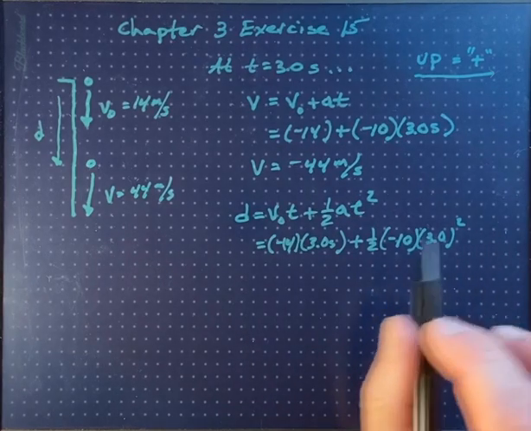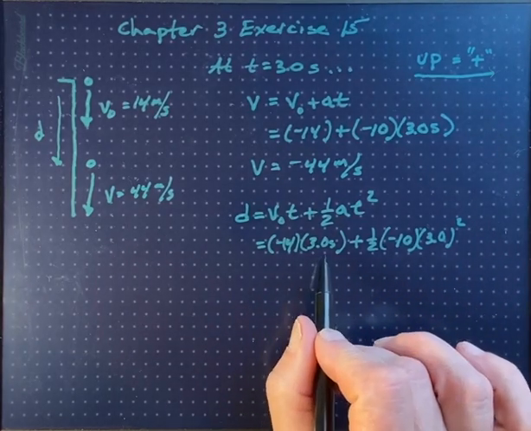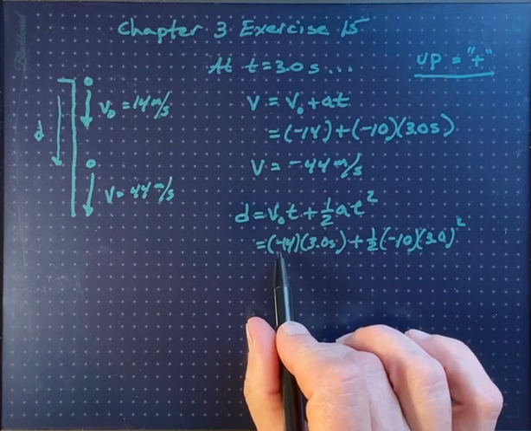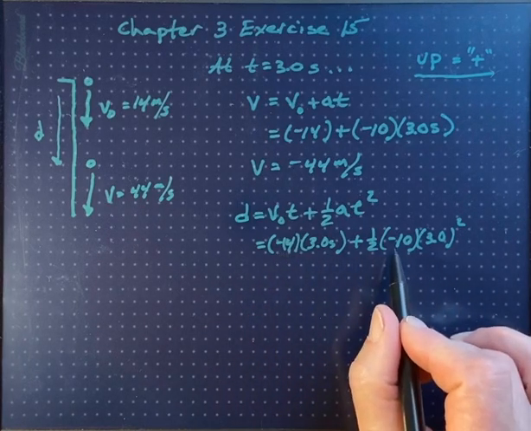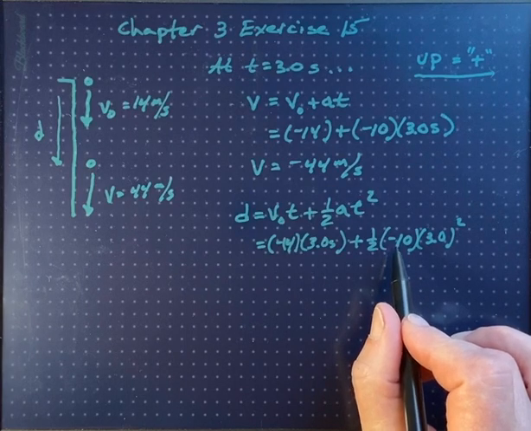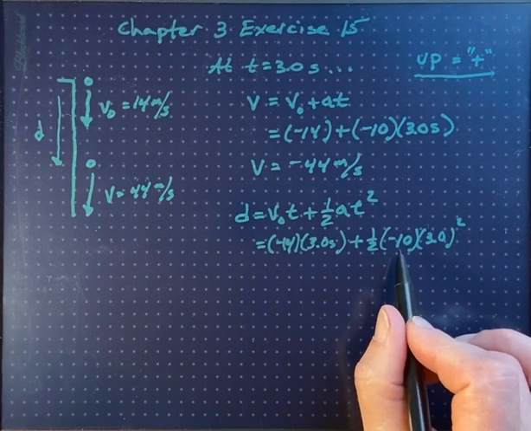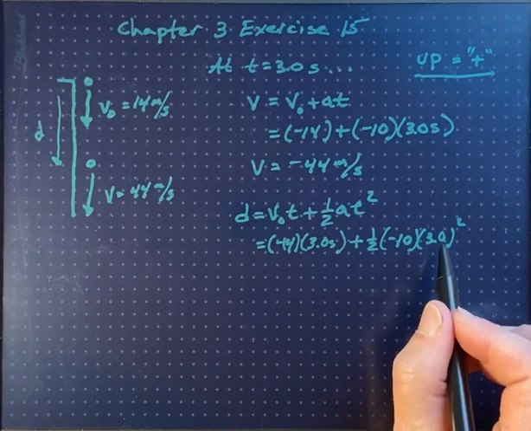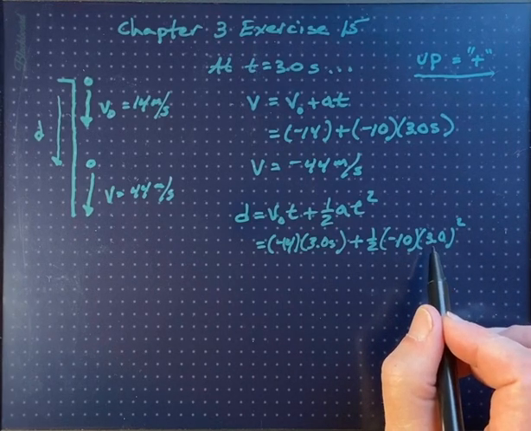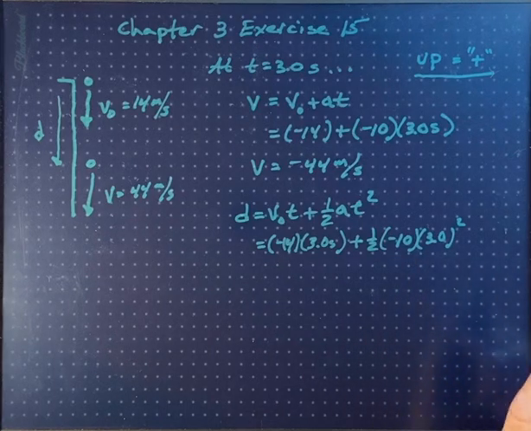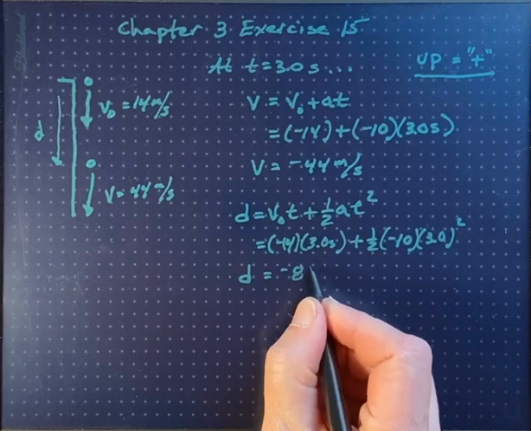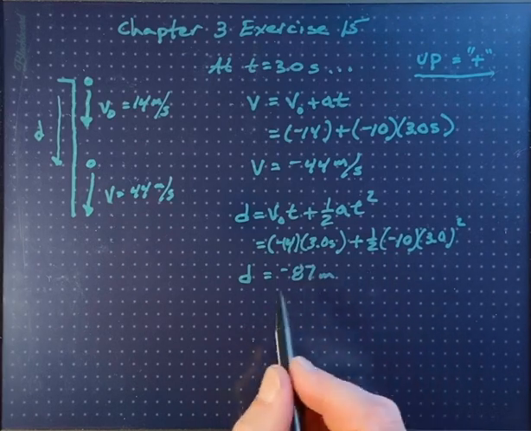Let's see how it would work. You need 14 times 3, but it's minus because the initial velocity is down. And A is always down, acceleration due to gravity. So 1/2 times 10 times 3 squared. By the way, the squared only attaches to the 3, so you got to square that first. And I get minus 87 meters if you solve that out.